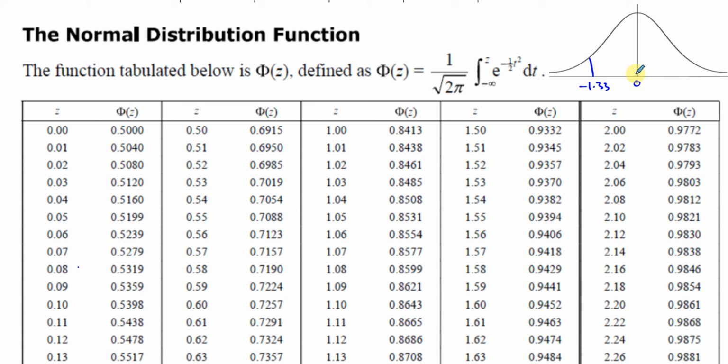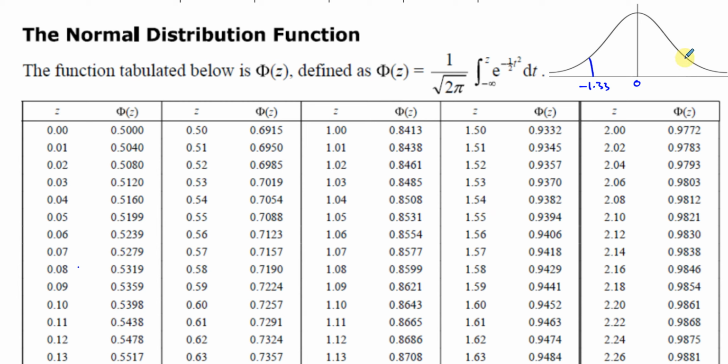The area to the left when Z is 0 is 0.5, half the area. The area to the left when Z is, for example, 1.5 is 0.9332. That's the probability that something is less than a Z value of 1.5. But we want the probability that Z is less than minus 1.33, which we can't find from this table directly because we don't have negative Z values.